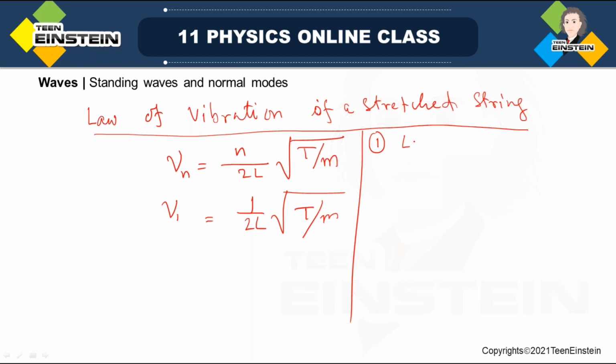The first one is the law of length. The fundamental frequency of a vibrating string is inversely proportional to the length of the string for a given tension and mass per unit length of the string.